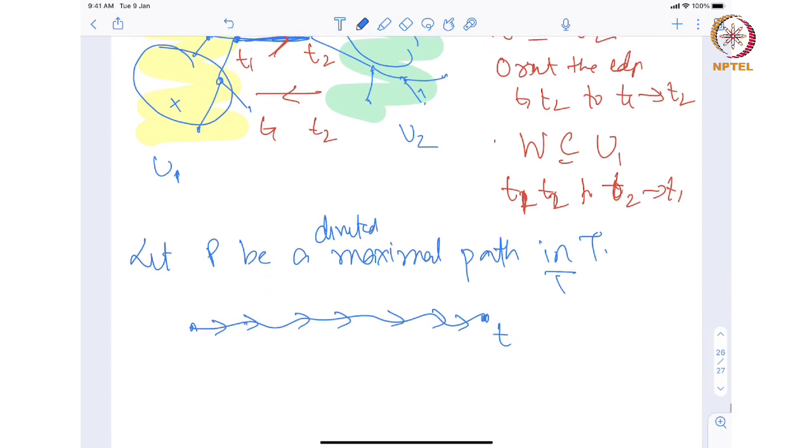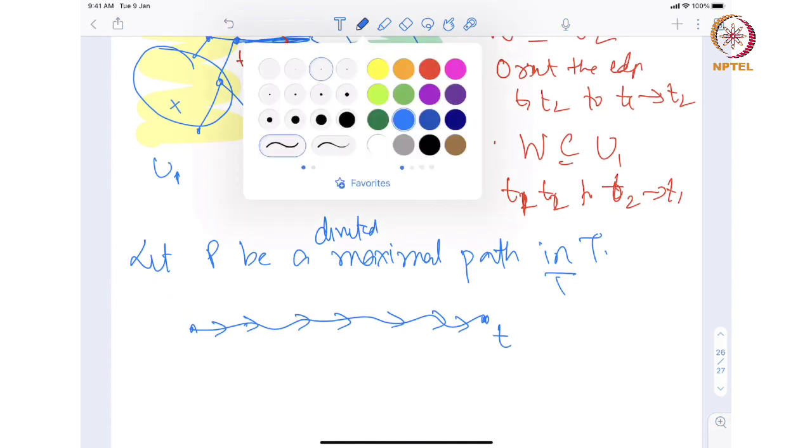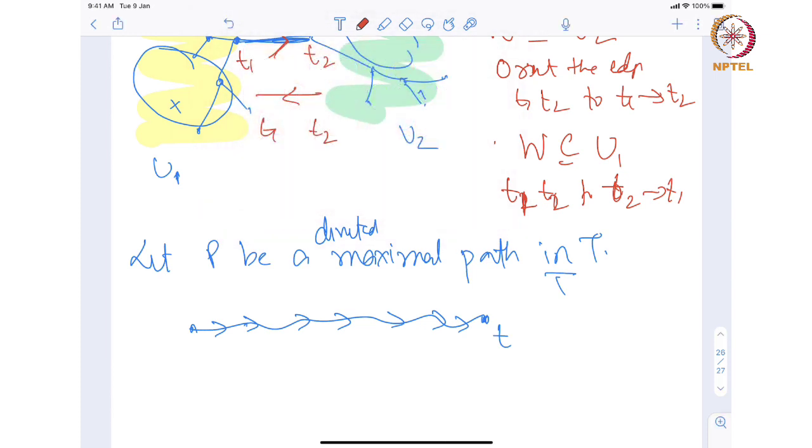Now if this is a directed maximal path, what is the meaning of this? All the arcs are going outwards from here. And look at this T.